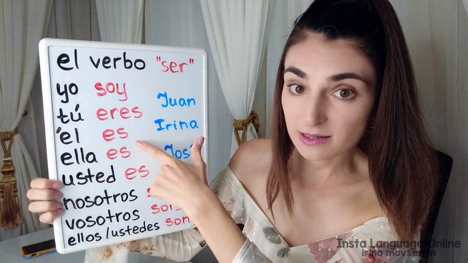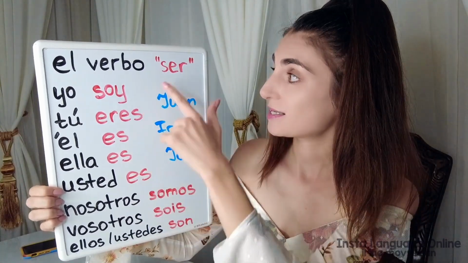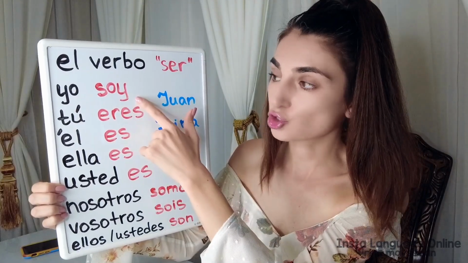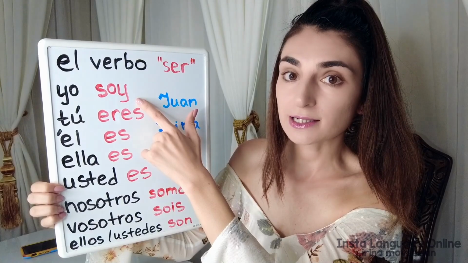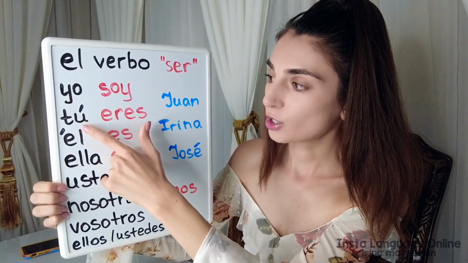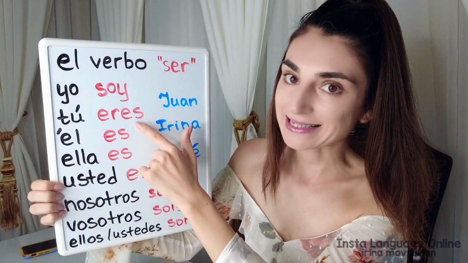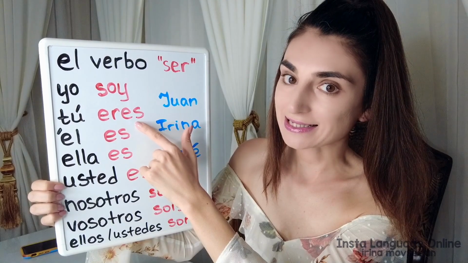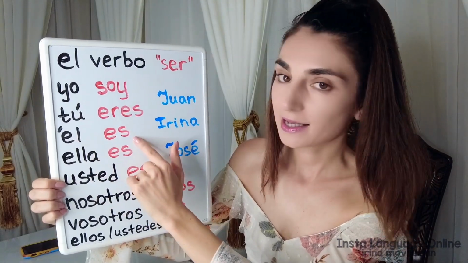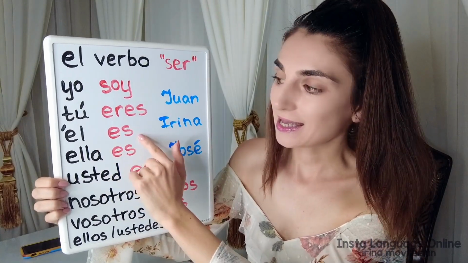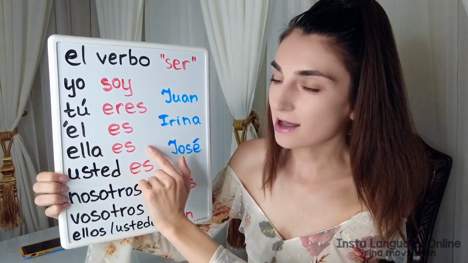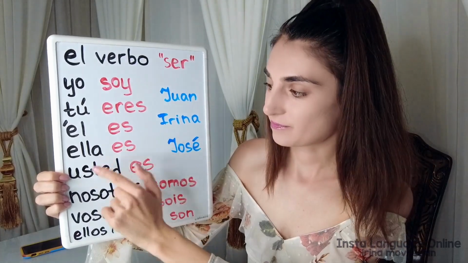Here we see the forms of the verb ser. Yo soy, soy. Tú eres, eres. Él es, he is. Él es, ella es.